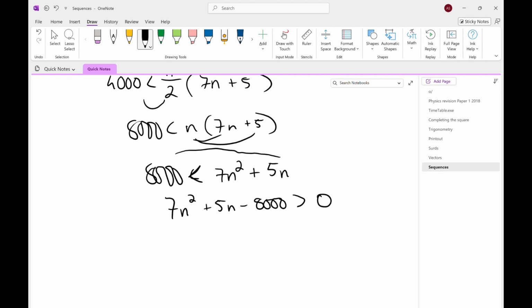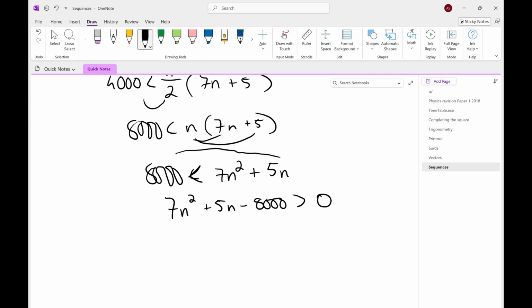Now, for these sorts of questions, you can use your Casio calculator. We're going to go down on the menu into equation, polynomial, degree of 2, because it's a squared, it's a quadratic, and we're going to put in 7, 5, and minus 8,000.